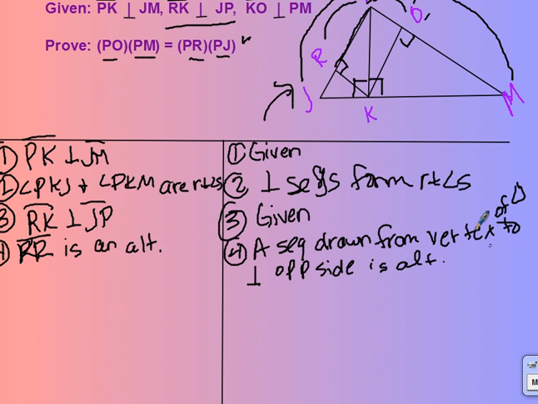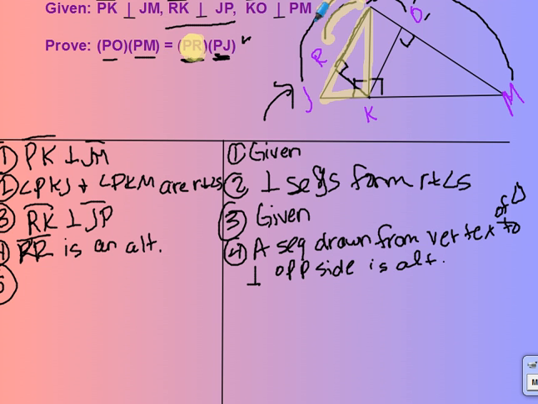Now that we've set up that this is an altitude and it's the altitude to the hypotenuse, we can make this statement. I want to talk about these two. If I look at this triangle right here, let me highlight it, KP is adjacent to PR. That's why I'm mentioning KP versus KJ, because I want PR times PJ.